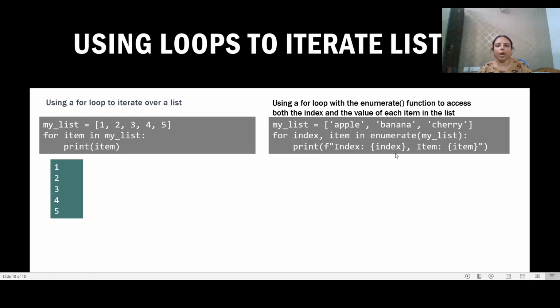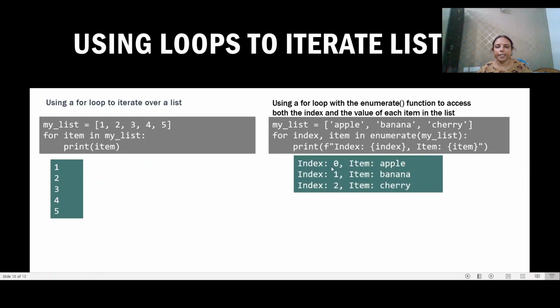You can use the f-string format for replacing the variable name with the value. All these variables will be enclosed in braces, and whichever variable is enclosed will be replaced with the value. So you will get index is 0, item is apple, like that. So enumerate is useful whenever you want to retrieve the index of the item along with the item value.